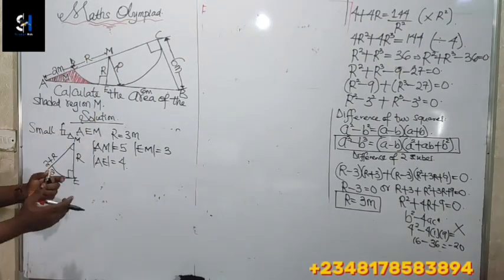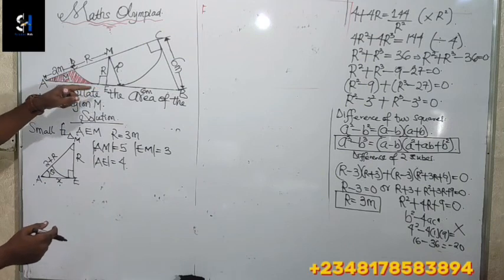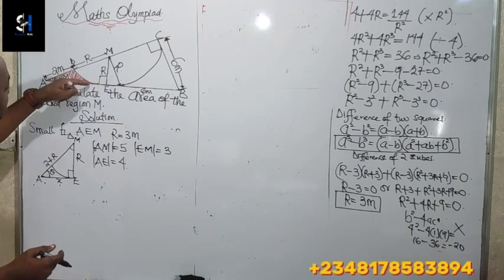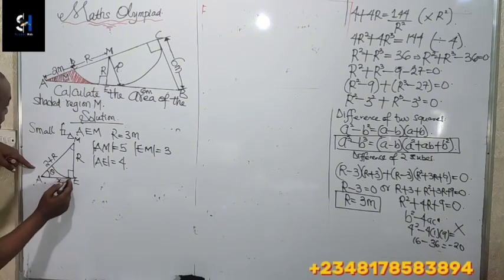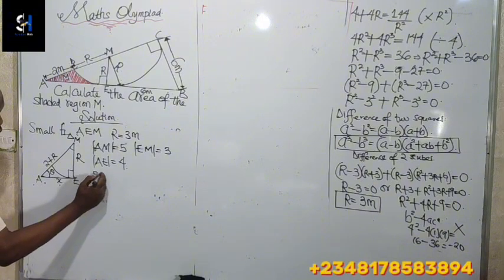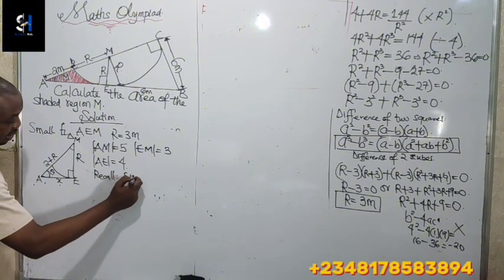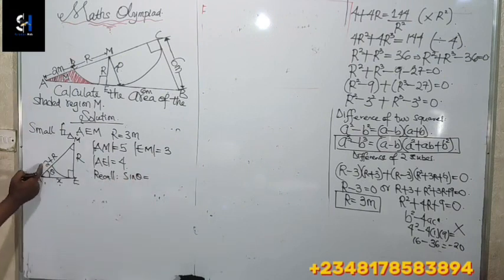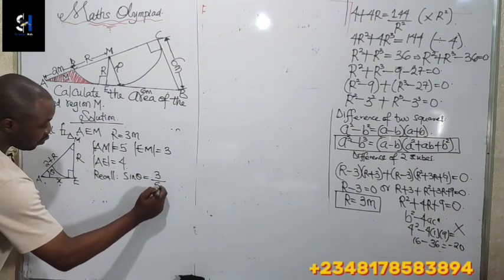The central angle is the angle which the sector, or this arc, subtends at the center. So let's get the value of this angle. We can recall that sine theta is opposite over hypotenuse, which is 3 over 5.